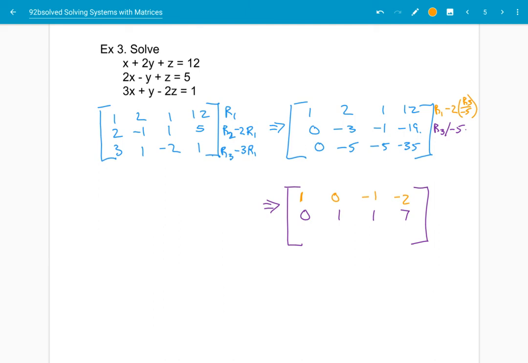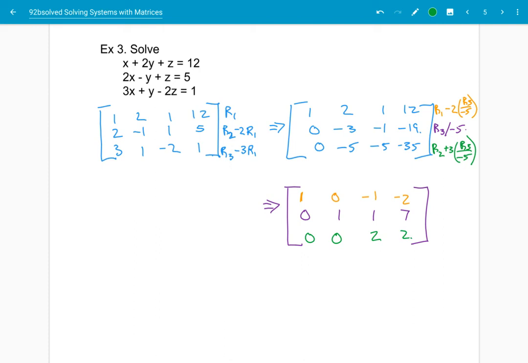Okay. And for the new row 3, I'm going to take row 2 and add 3 row 3s over -5. So 0, 0, 2, and I'm adding 21 gives me 2.